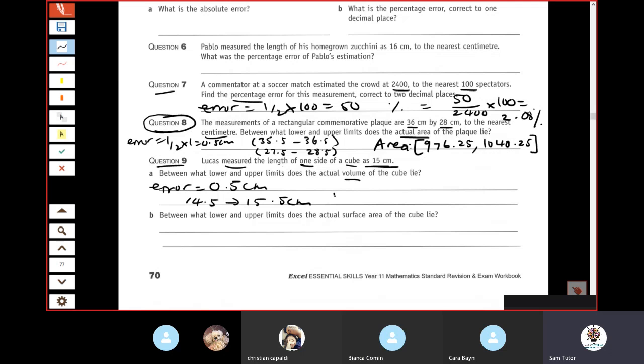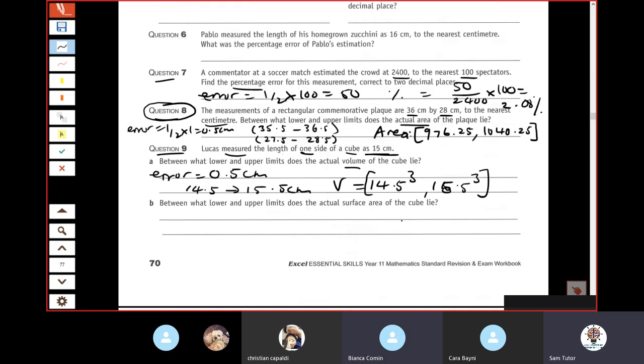Now to find the volume of a cube, you're just going to cube these, right? Volume of a cube is 14.5 times 14.5 times 14.5. So it could have been from there all the way to 15.5 cubed. There's no need to work that out. You can just leave it like that.